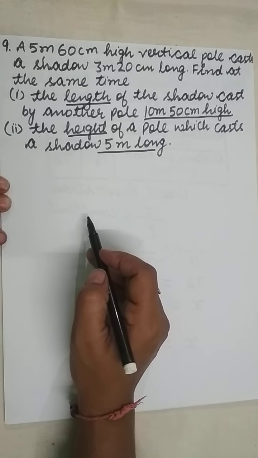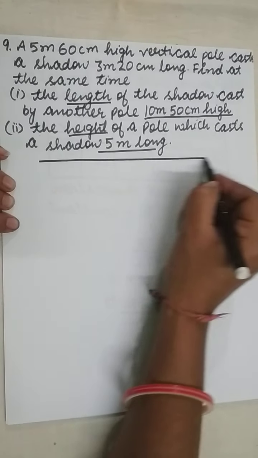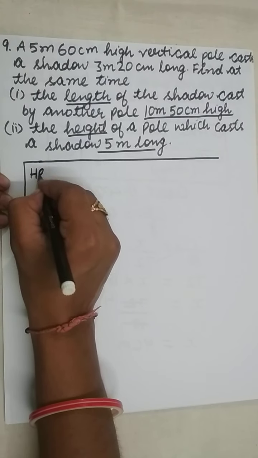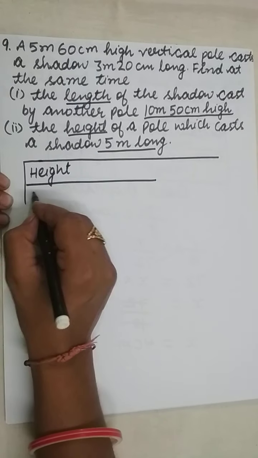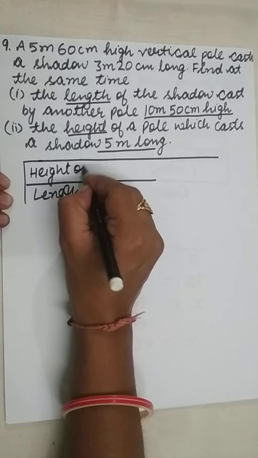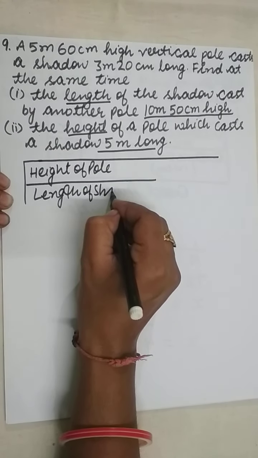So we are having two terms here, the height of the pole and the length of the shadow. So I will write it here, height, and the second one is length, height of pole, length of shadow.